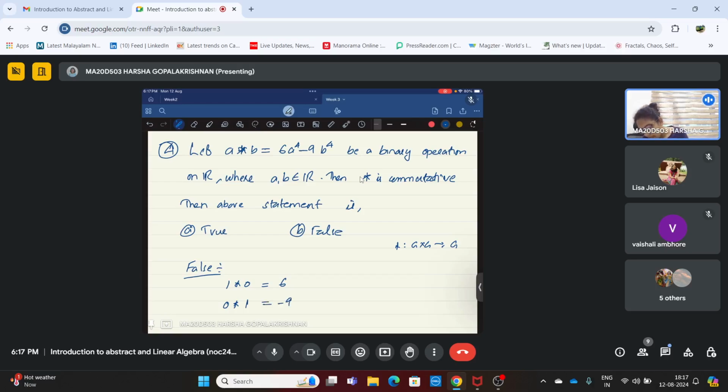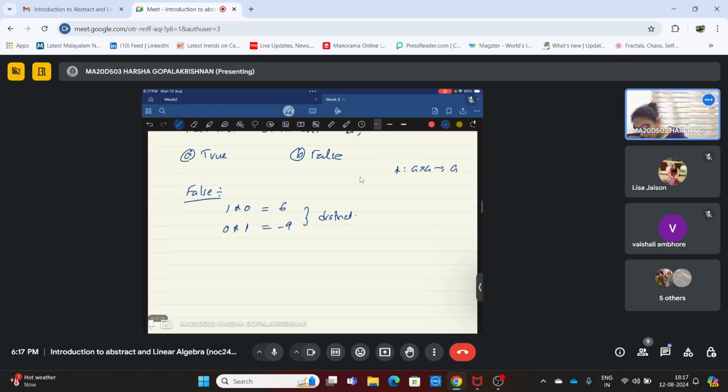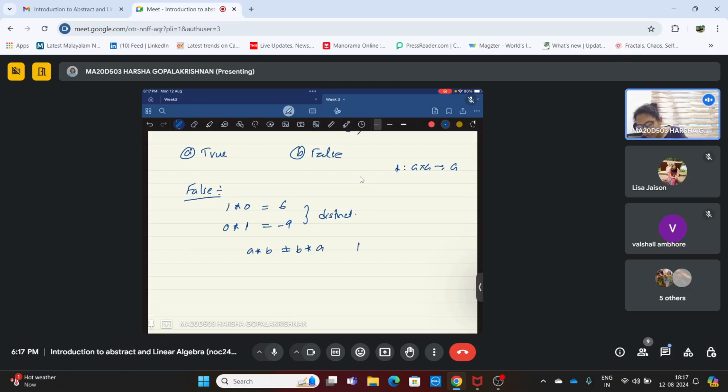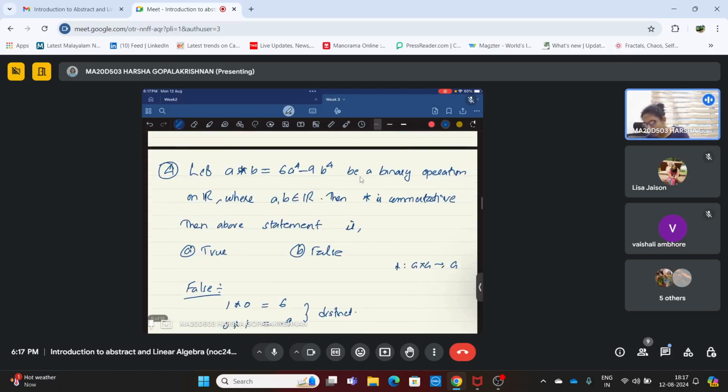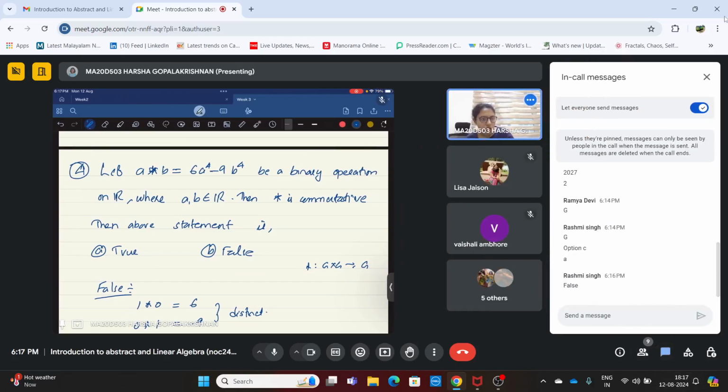It is equal to minus 9. So these two are distinct. A star B and B star A are different. So not commutative. Okay. So the question was whether it is commutative. So the answer is false, right? Okay.